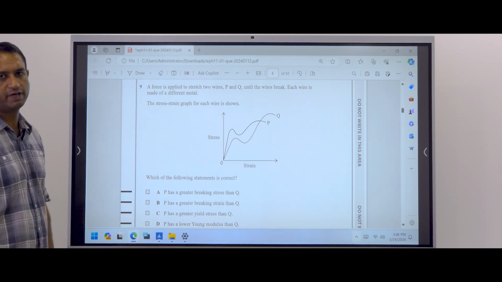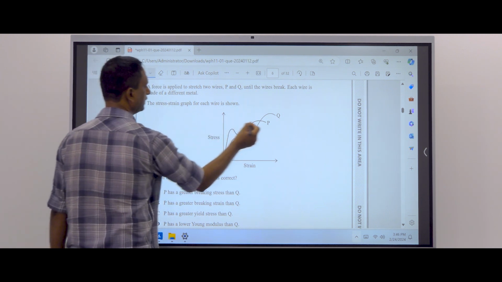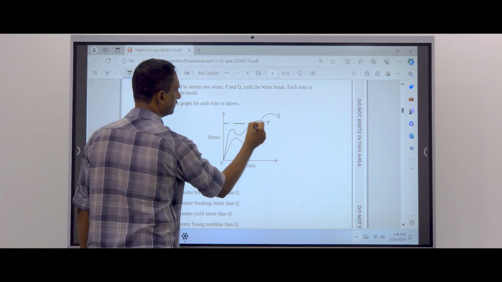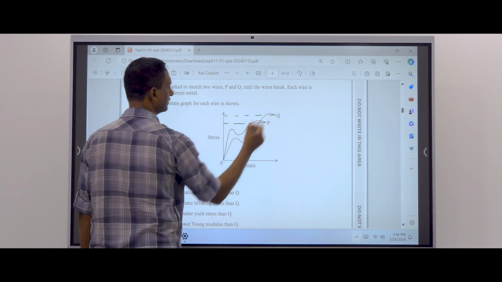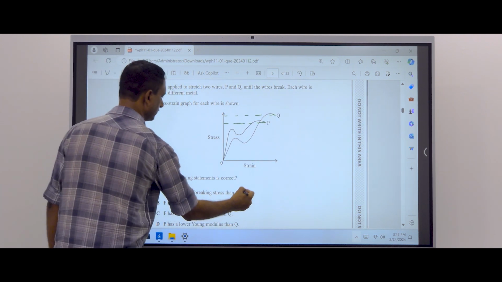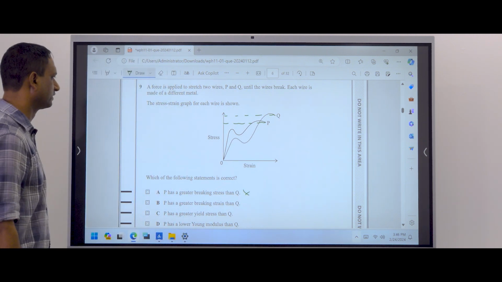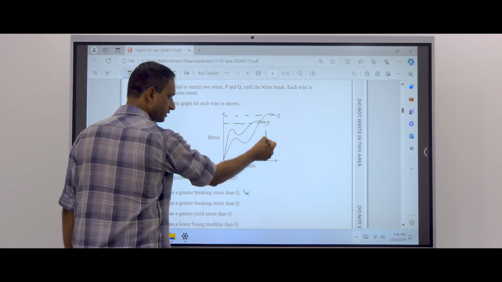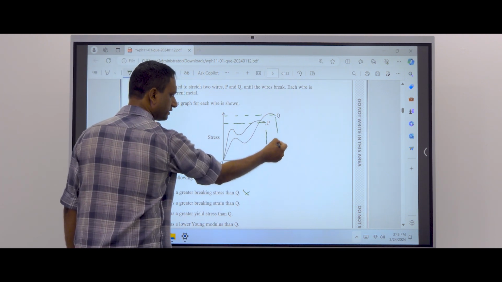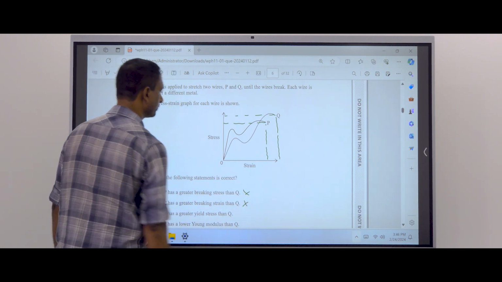Stress is on this axis. Look at this. This is the breaking stress of P. Q has greater breaking stress. Therefore, this is wrong. P has greater breaking strain. This is the breaking point. The breaking strain of Q is greater. Therefore, this is wrong.